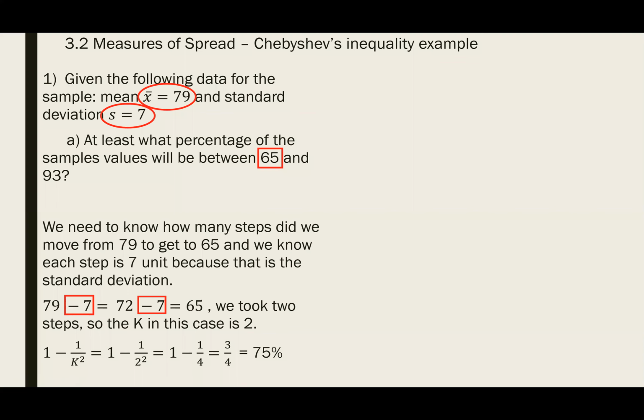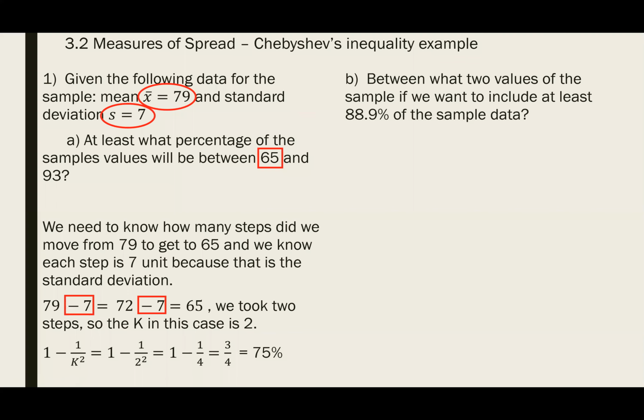And vice versa, the other type of question is, instead of giving you the value, they ask you what is the value if we want to include at least 88.9%. If you remember the previous slide, what is your K corresponding to 88.9%?